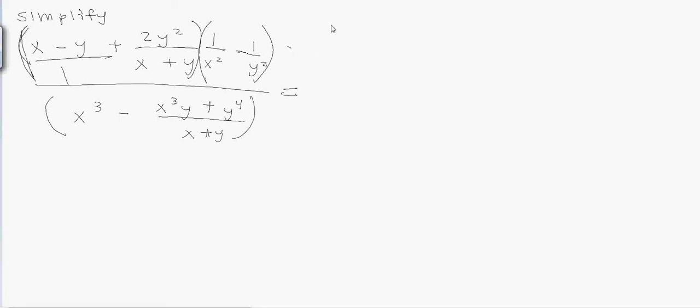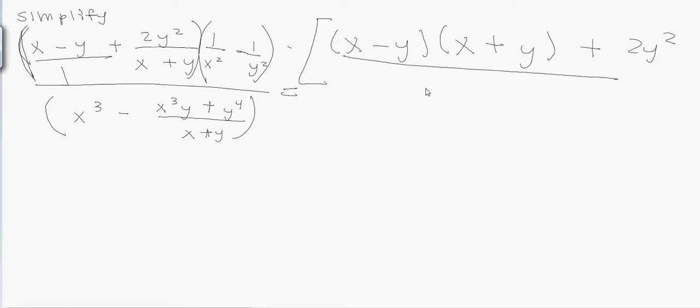So let's put in brackets: you get x minus y times x plus y plus 2y squared over x plus y.